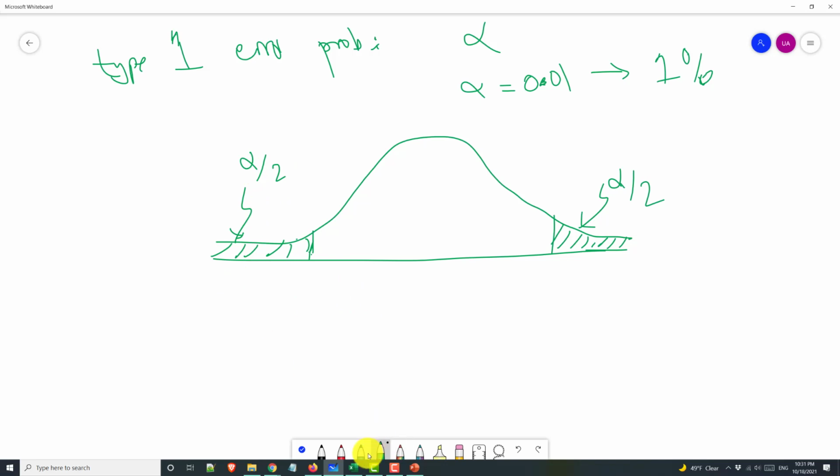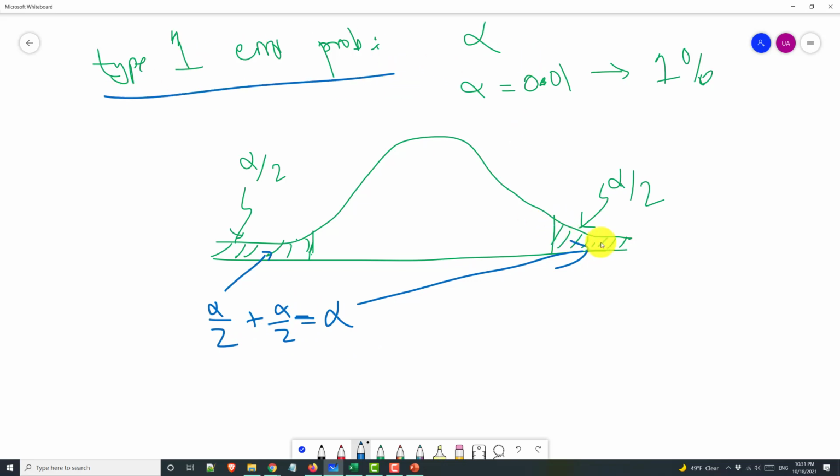If you add up the tails, alpha over 2 plus alpha over 2 equals alpha. So your type 1 error probability is the area in the 2 tails, and if the total area has to be alpha, each tail has an area of alpha over 2.